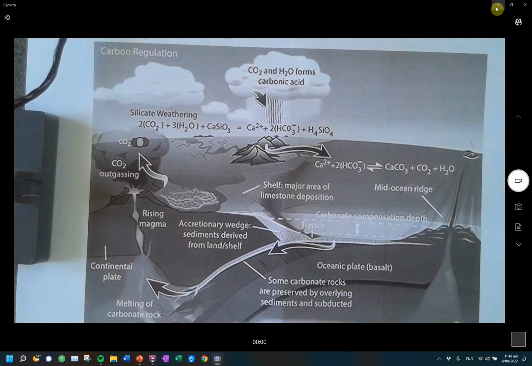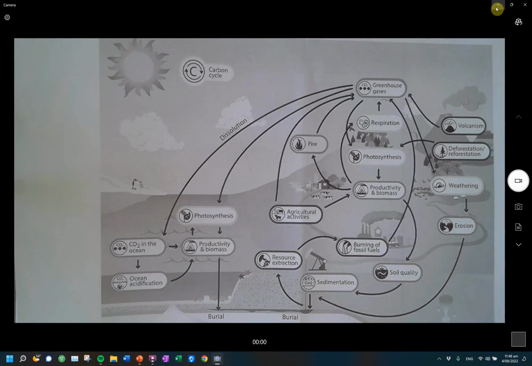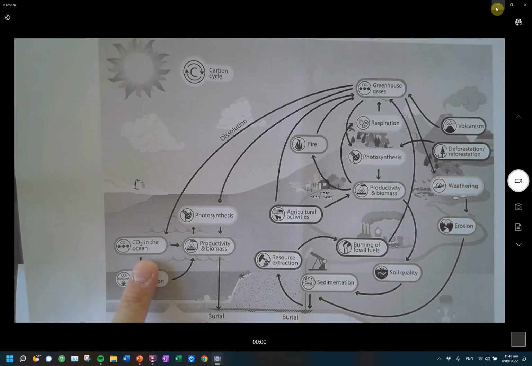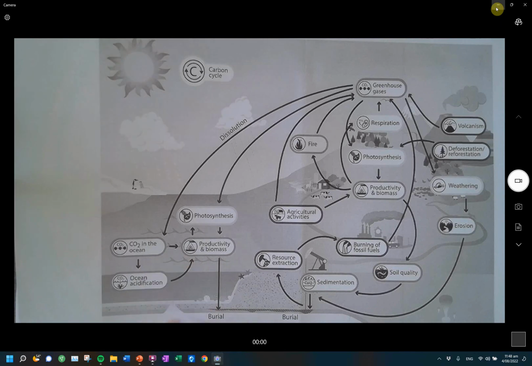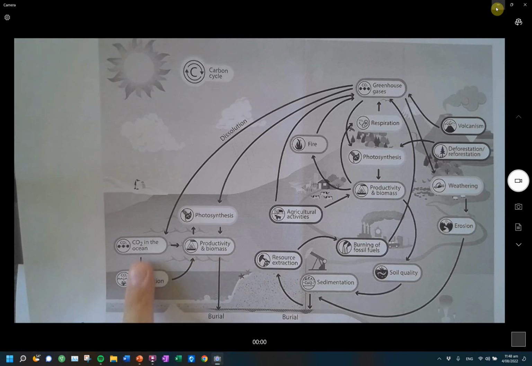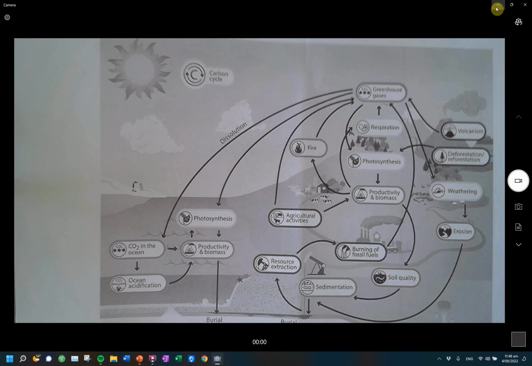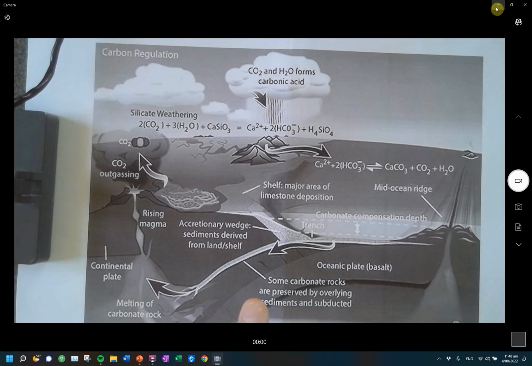I have two images for you because I couldn't find one that I liked better. I like this one because it shows the ocean acidification and the link to the biomass, but this one here has equations, so I've given you both.